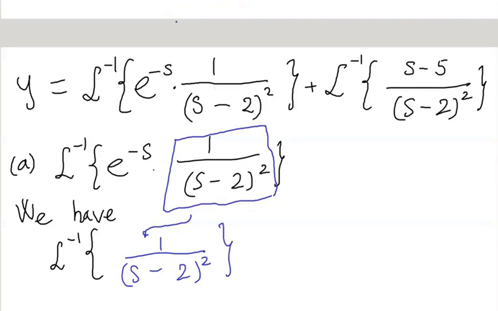But this is a familiar formula. It is 1 over s minus alpha squared. The inverse Laplace transform of this is x e to the alpha x. Look at the formula with alpha equal to 2 here, so we get x e to the 2x.